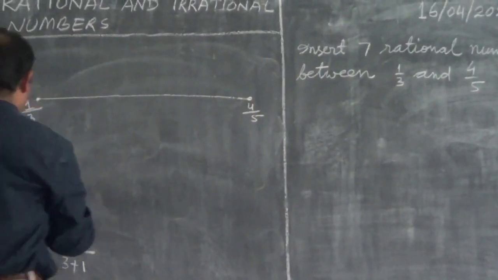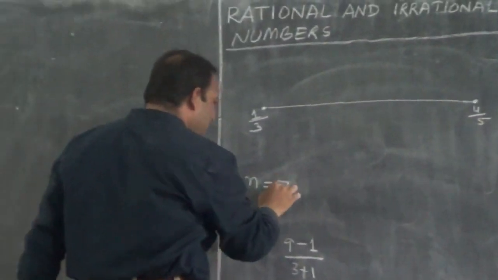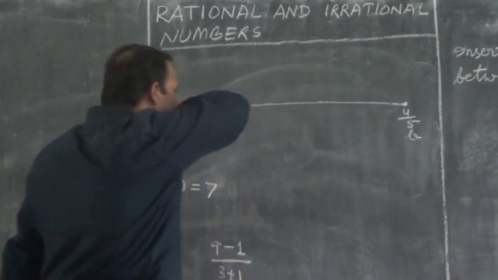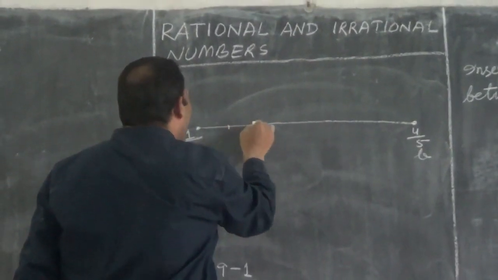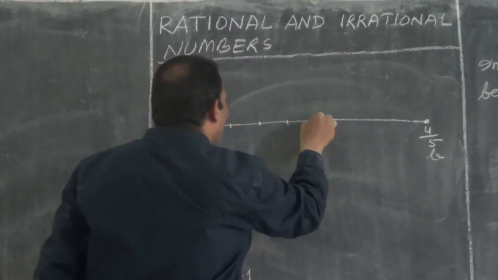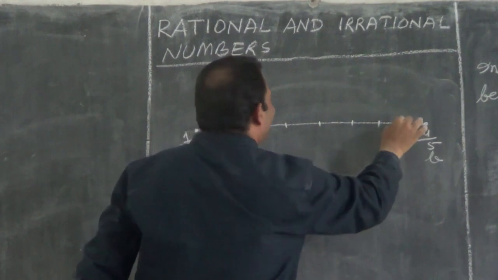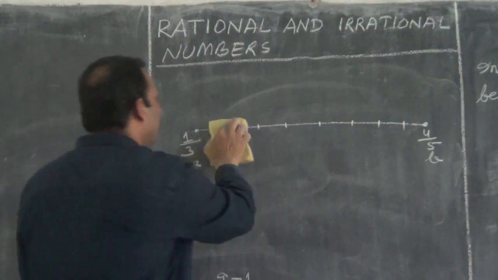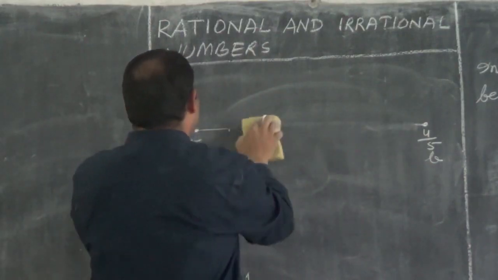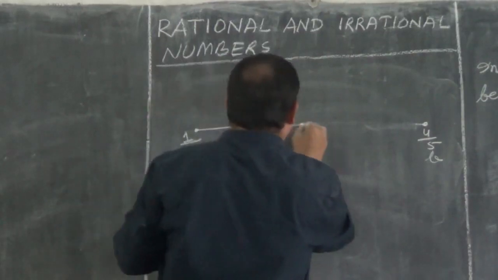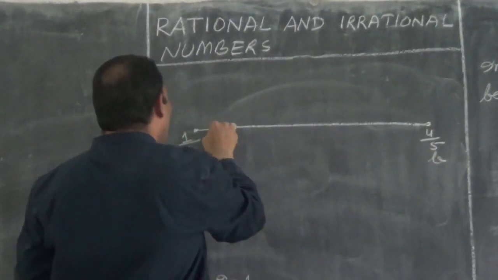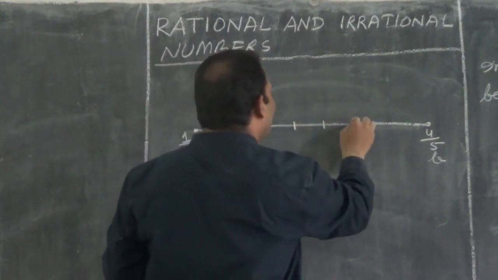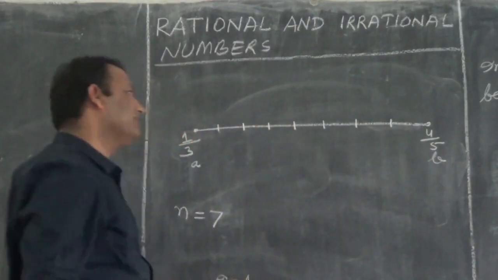So our n equals 7, and this one I say A and this one I say B. I have put 7 numbers here, children, at regular, equal intervals: 1, 2, 3, 4, 5, 6, 7.